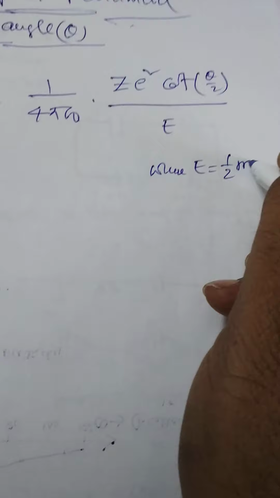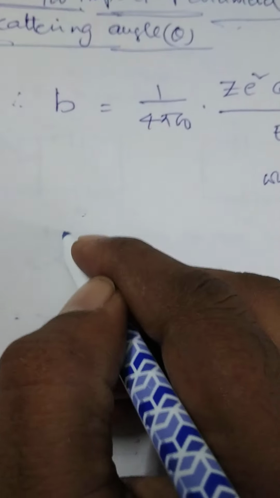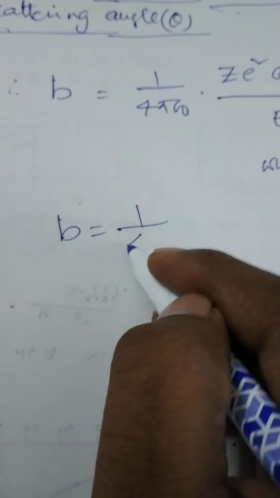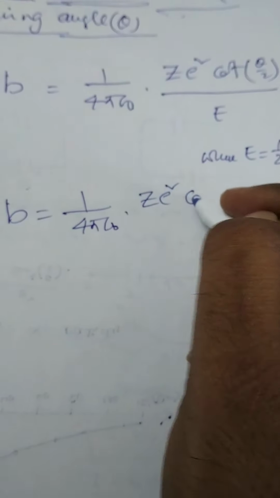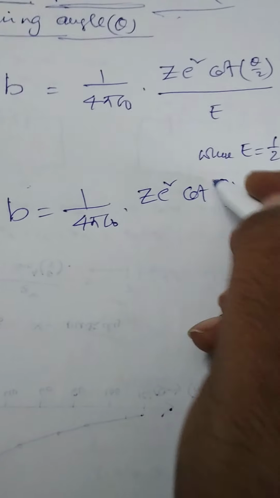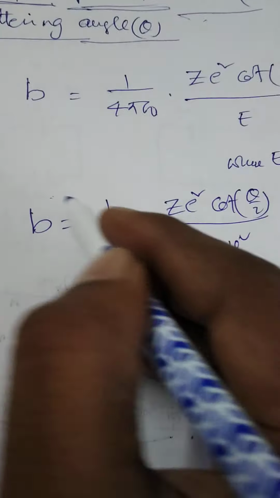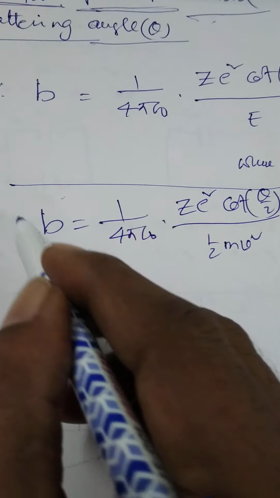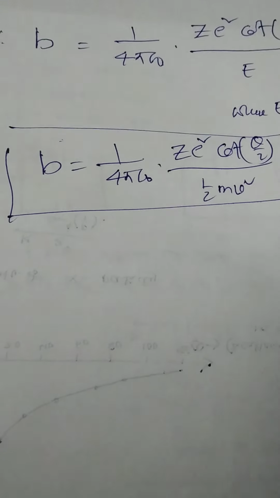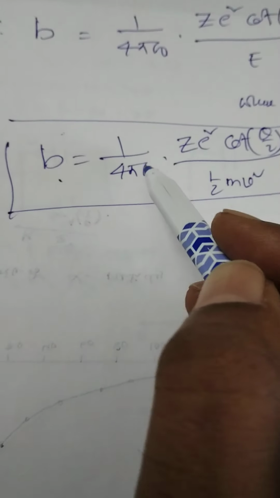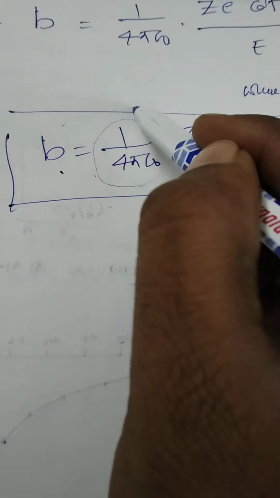That means E is equal to half mv square, or b is equal to 1 by 4 pi epsilon naught into Ze square into cot theta by 2 by half mv square. So this is the formula for the relation between impact parameter and scattering angle. Sometimes, in some situations, 1 by 4 pi epsilon naught is represented by K.